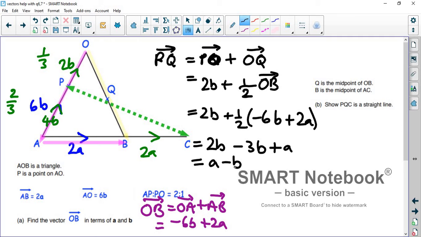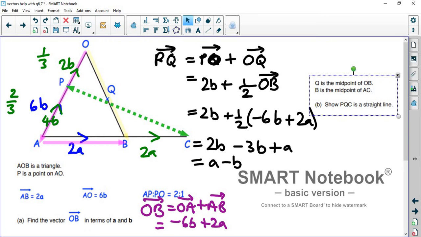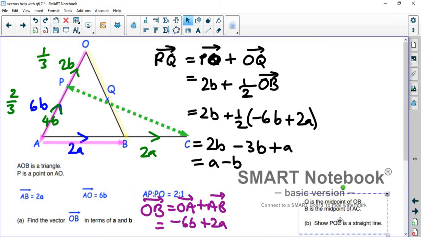Alright, so I'm going to have a little look at QC because that looks alright to me. Okay, let me just see. Let me just move the question a bit out of the way so we can see. So we've got Q to C. The easy route will be going Q to B and B to C. Okay, now Q to B is, because Q is the midpoint, going to be the same as a half OB, and we know that a half OB is minus 3b plus a.